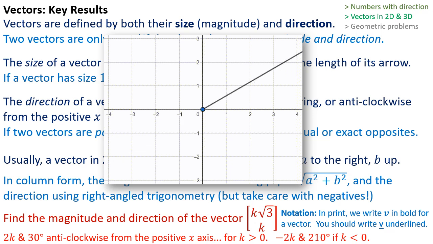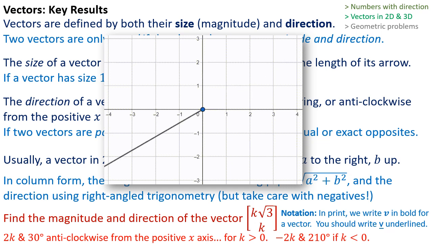There are many vectors that this could be, but they all fall into two main categories. Apart from the 0 vector, which arguably doesn't have a direction, although it does have a size, 0, all the other vectors we could generate of the form (k√3, k) either fit the description I gave, the size is 2 times k and the angle is 30 degrees anti-clockwise from the positive x-axis, or they fit something different.